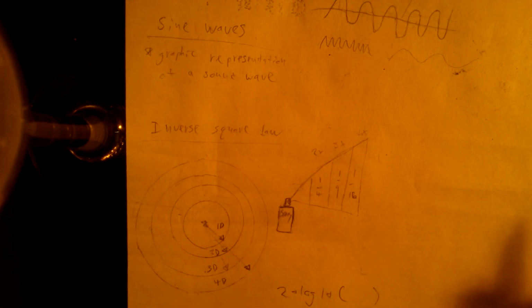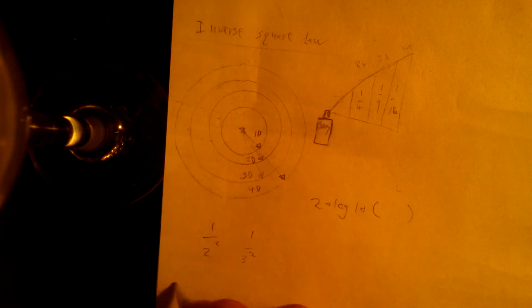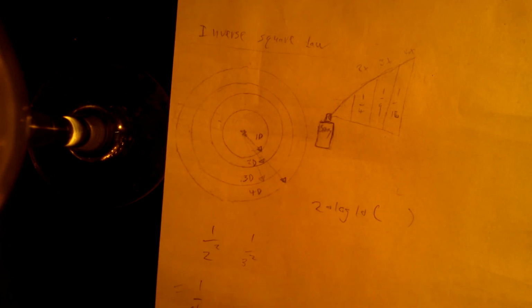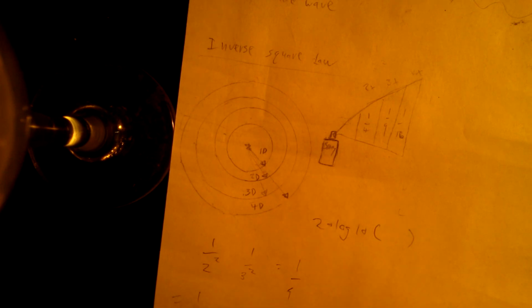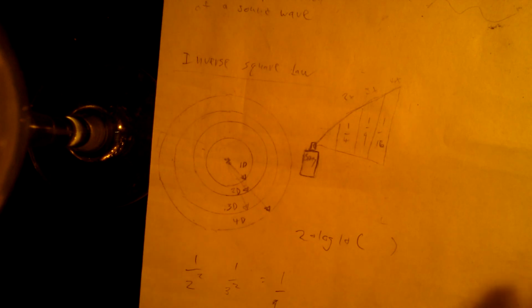So if I want to find out what the actual pressure is now, that it's 2 feet away, or 2 times the distance, I'll just basically do 1 over 2 squared, and that equals 1/4. So what happens at the third row? Well, 1 over 3 squared, 1/9th. So third row, 1/9 the pressure of the source, which is me in the middle.